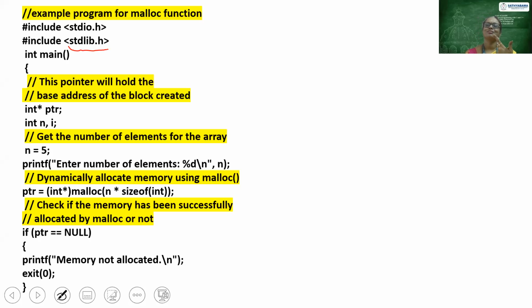For what purpose? To allocate. I want to use DMA functions. Definitely I will use the stdlib header, or else it will show an error message that this particular header file has to be included. Then only this particular line will execute. Is it clear or not? Otherwise, it will not be useful.